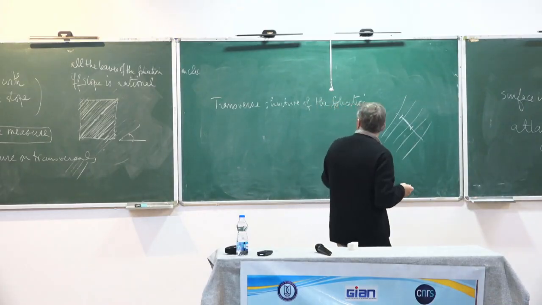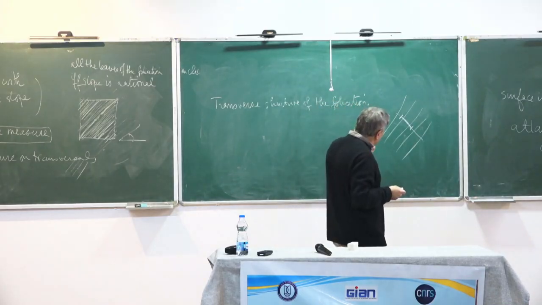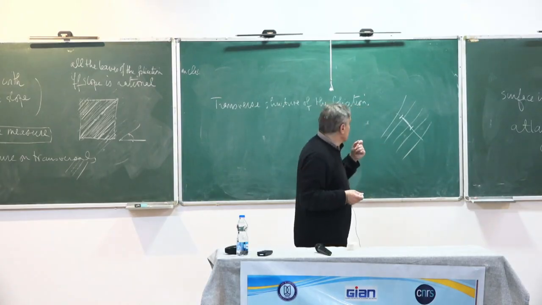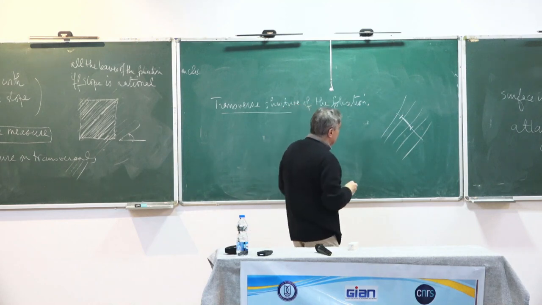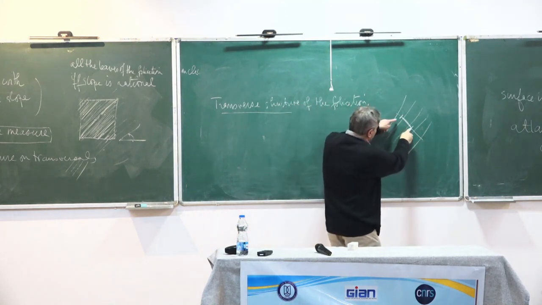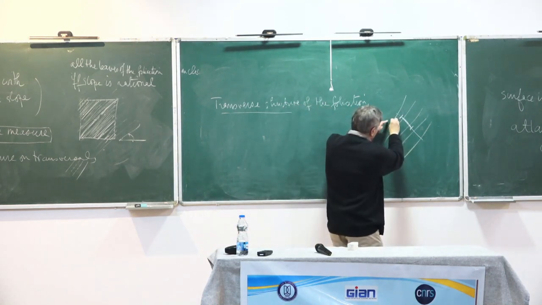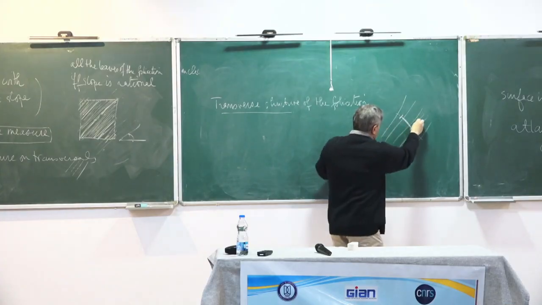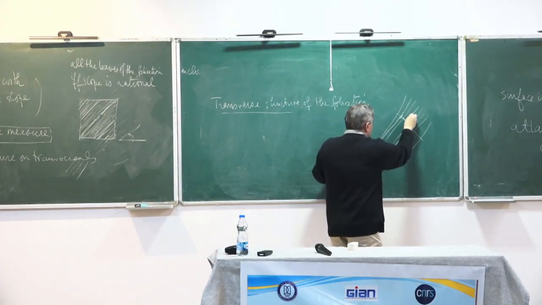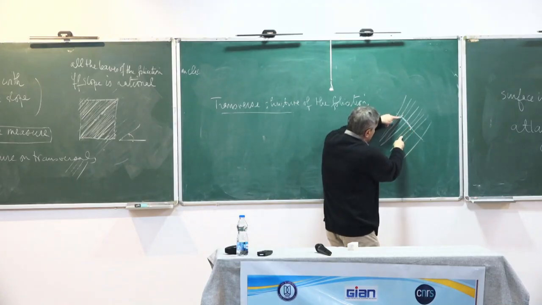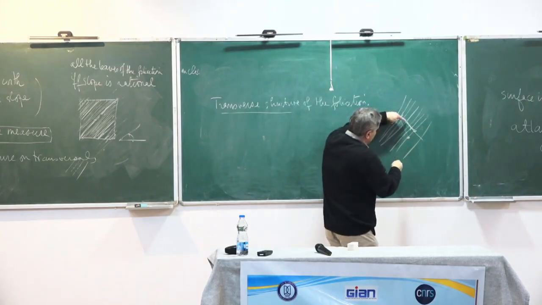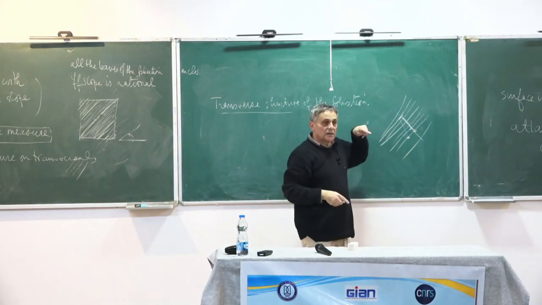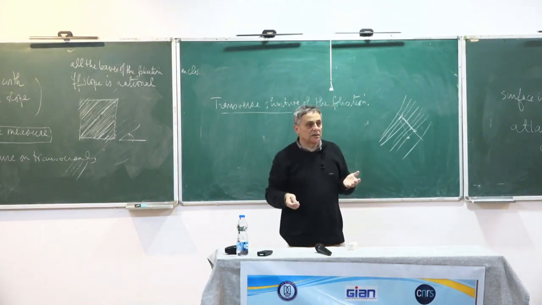What is proper to this measure, so that it is a transverse structure? It means that if I move my arc by letting each point of the arc stay on the same leaf, then the measure is preserved.